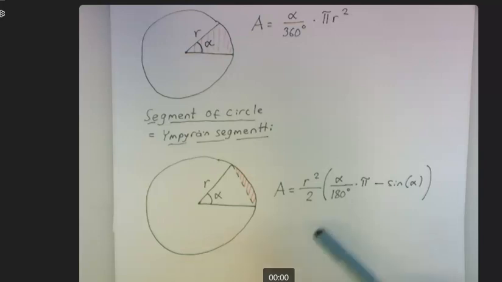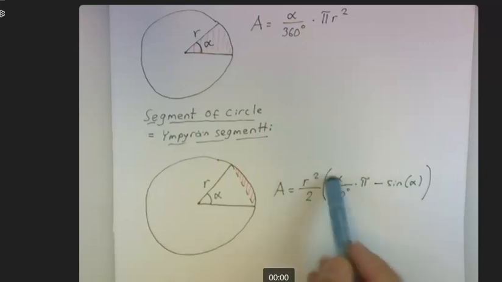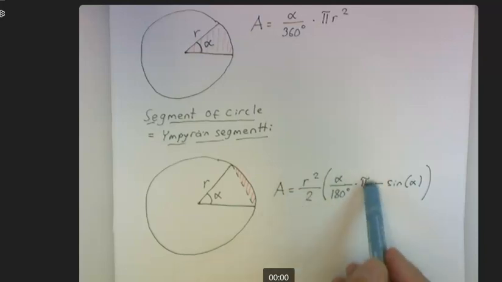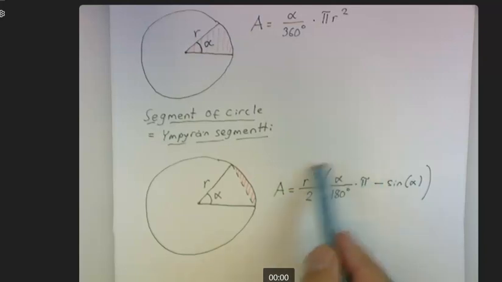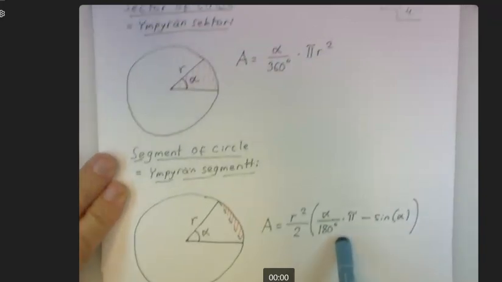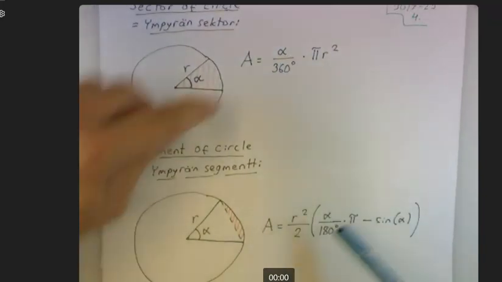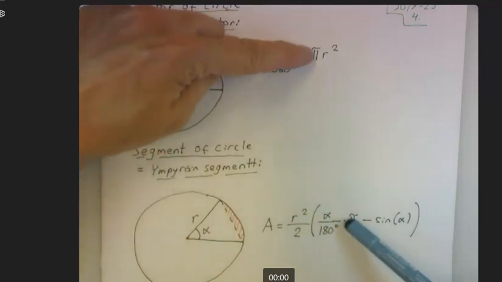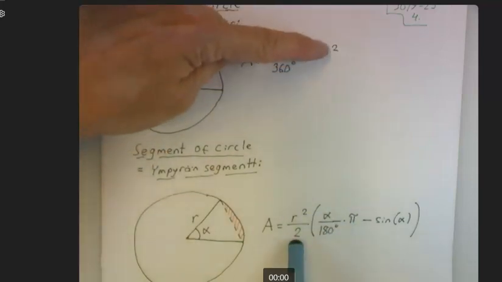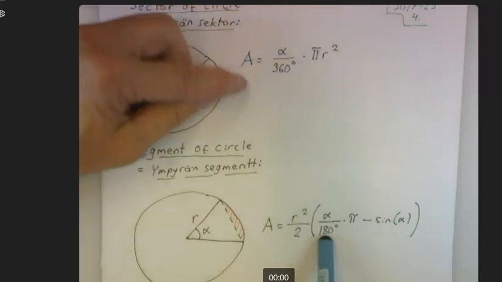So actually, if you multiply the brackets away, so this part here, when these will be multiplied together, this will give the area of sector. It is quite easy to see that you have alpha there, pi r squared, and 2 times 180 is 360.